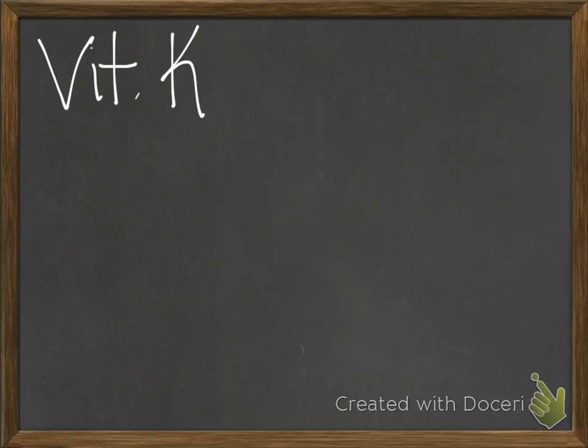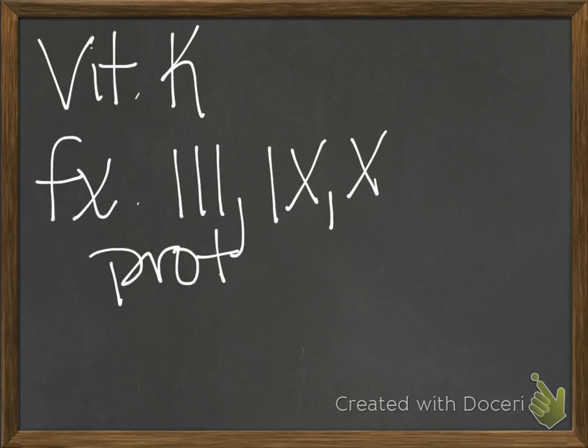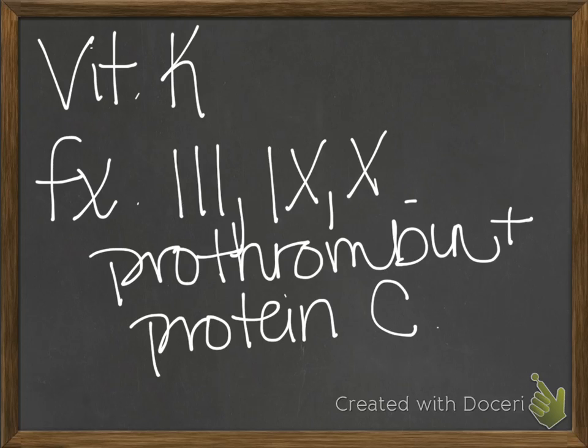It is necessary for us to synthesize factors 3, and our factors are always written in Roman numerals, factor 9, factor 10, and then some of those plasma proteins, which are our prothrombin, and protein C. And if you're a little confused, this is going to make more sense when we put our coagulation cascade together.